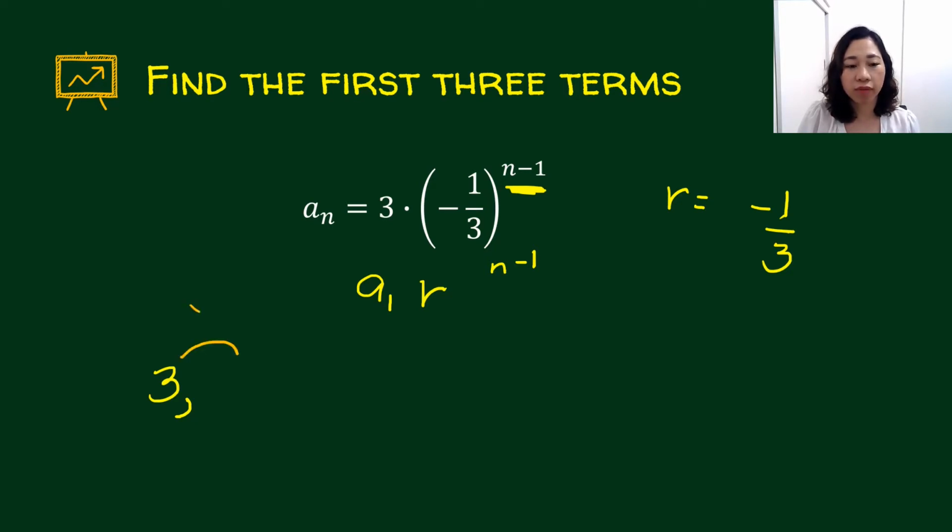So you have times negative 1/3 and then times negative 1/3. So 3 times negative 1/3 is negative 1. And then what's the next term? Negative 1 times negative 1/3, you get 1/3. Understand?